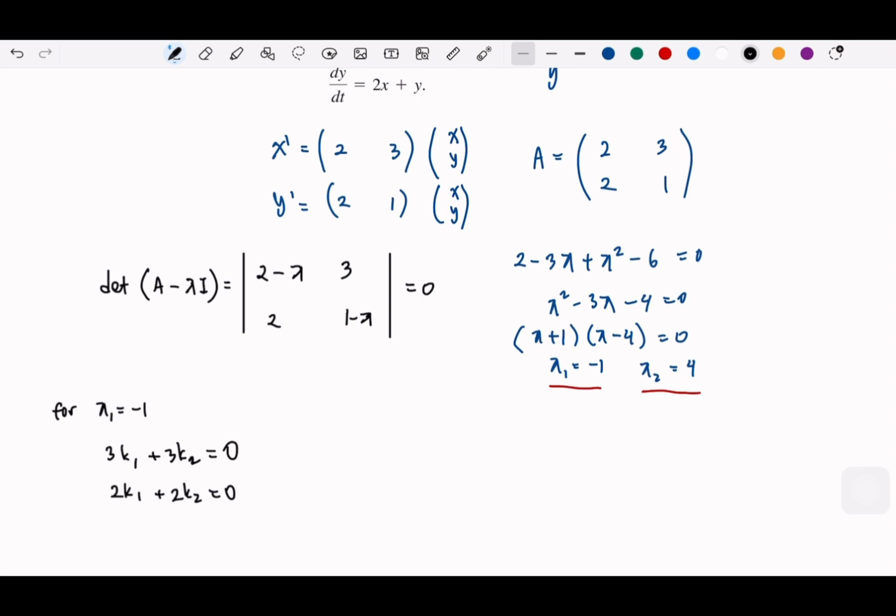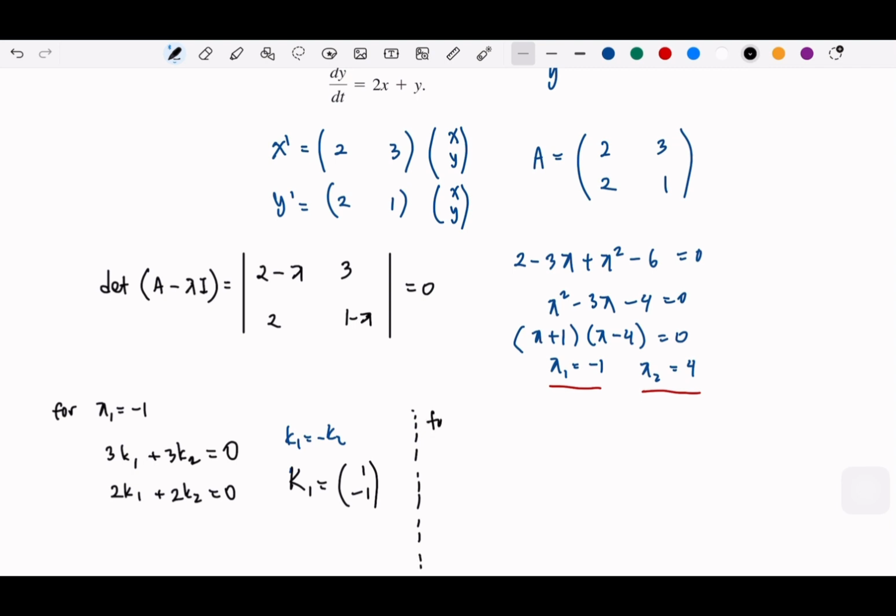And we can see that this is going to be k1 equal negative k2. So we could have k1 as 1, negative 1. Of course, we can have another combination that is possible.